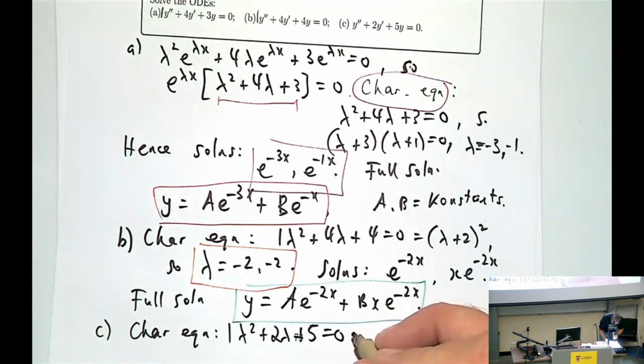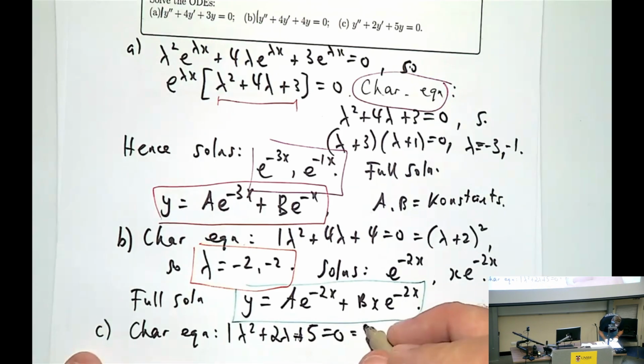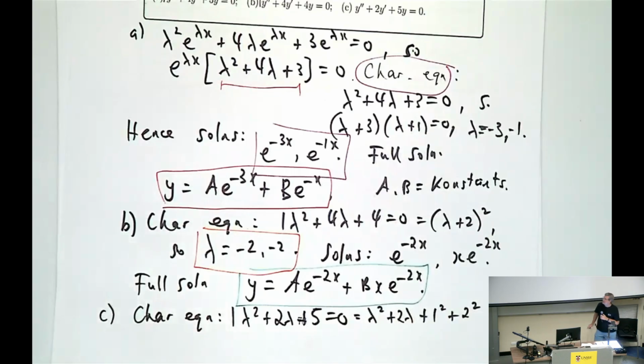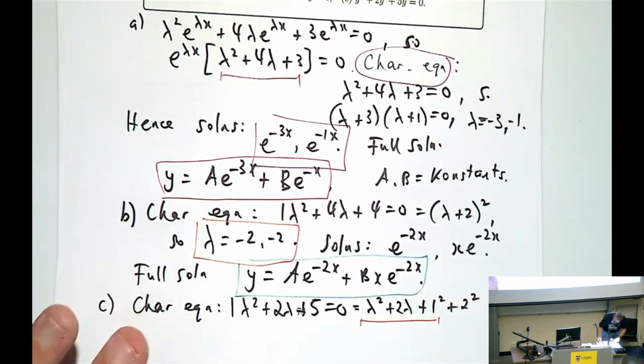The way that I do it is I take half that coefficient, square it, and add it and take it away. Essentially you're just breaking up that 5 into 1 squared plus 2 squared, and the first 3 terms are a perfect square. But you can solve these things any way you like. That's a perfect square, right?